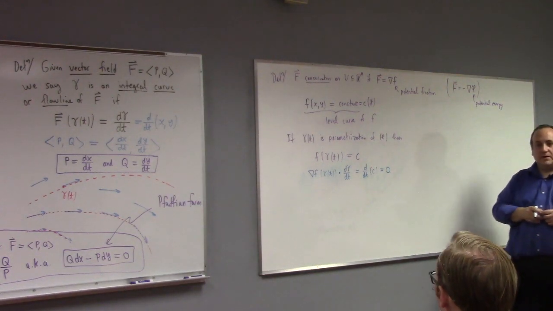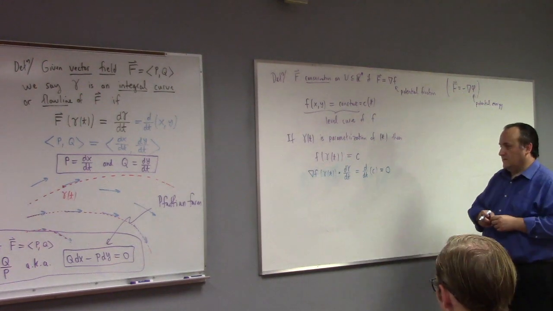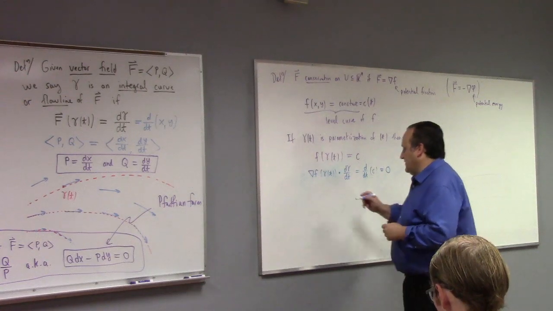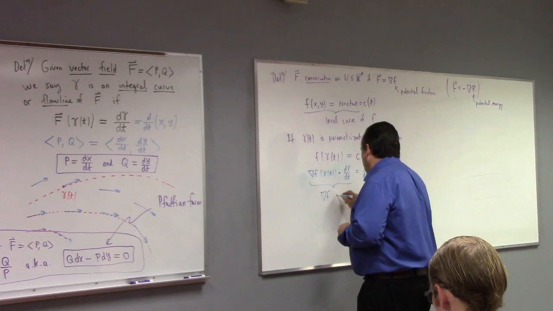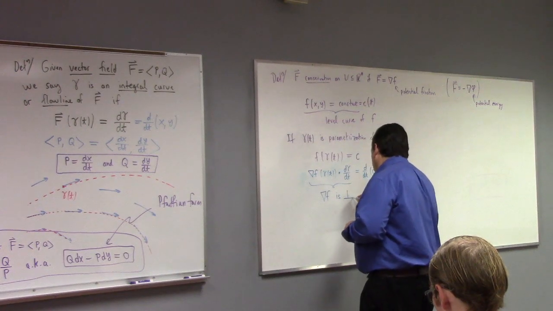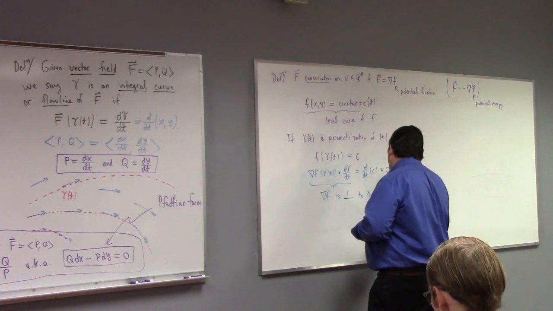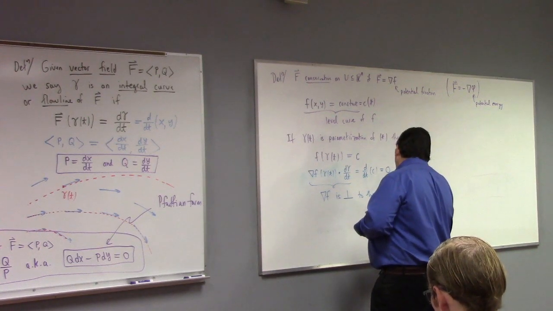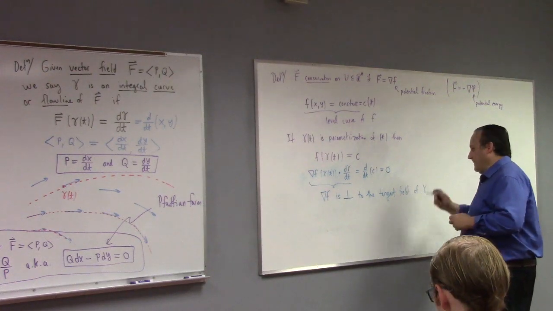And so what this says is that the gradient of f is perpendicular to the tangent field of gamma.